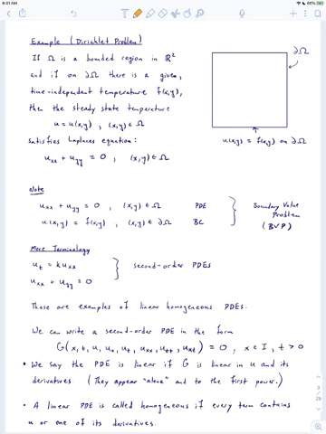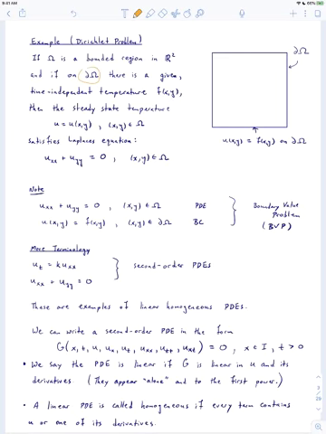In that case, the boundary of omega is the actual square, whereas omega is the interior of that square. So we have this bounded region, and the boundary is given here.